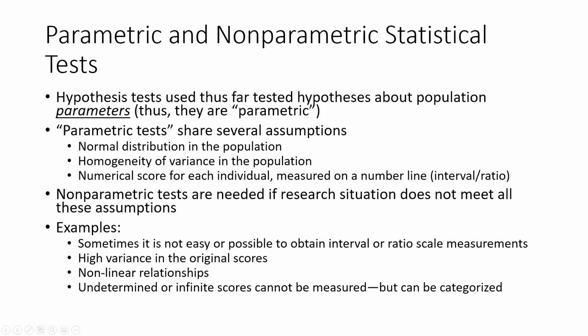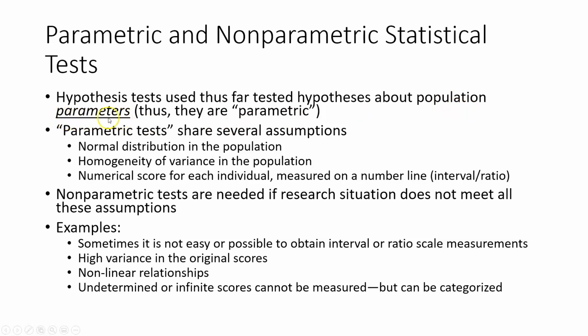So before we talk about chi-square, we really need to revisit a term that we learned in Module 1. Long time ago, we learned the word parameter. Remember that hypothesis tests are used in all the tests we've done so far to test hypotheses about a population parameter.